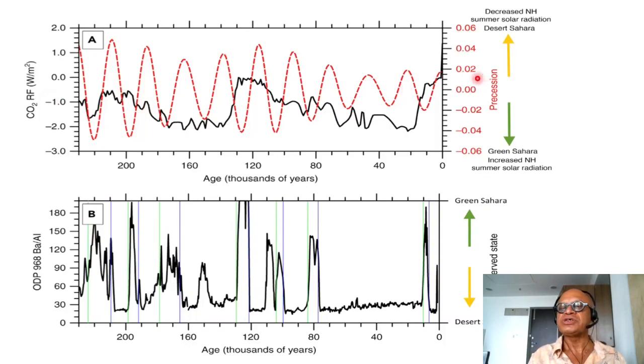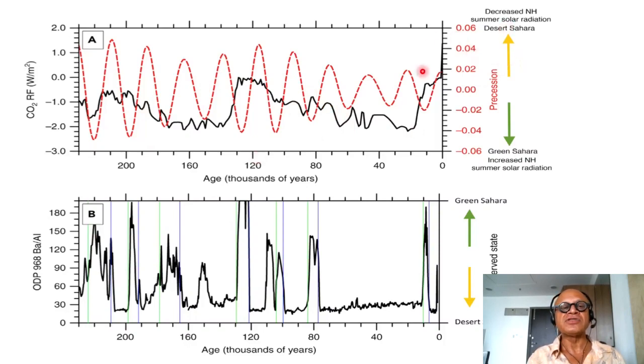So precession is shown here in terms of the red curve with modulations by the eccentricity cycle. So the 100,000 year eccentricity cycle and the 19 to 26,000 year precession cycles tend to combine to produce this modulated time scale.